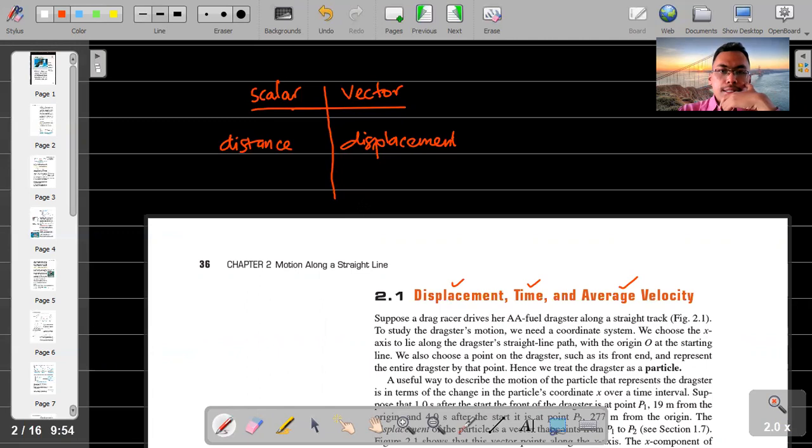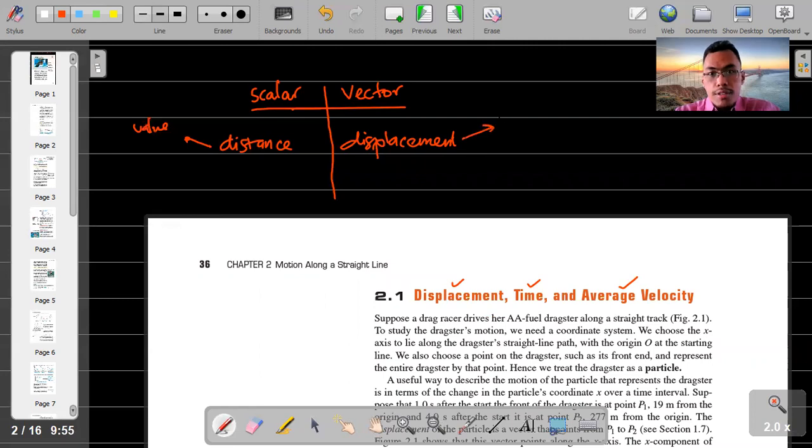Because displacement is a vector, the direction must be considered. For the distance, it's only a value, the value of the distance between point A and point B. But the displacement is not only a value, we also have to consider the direction.